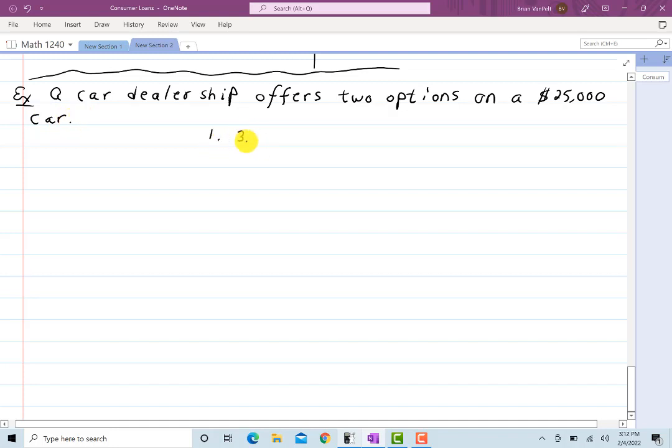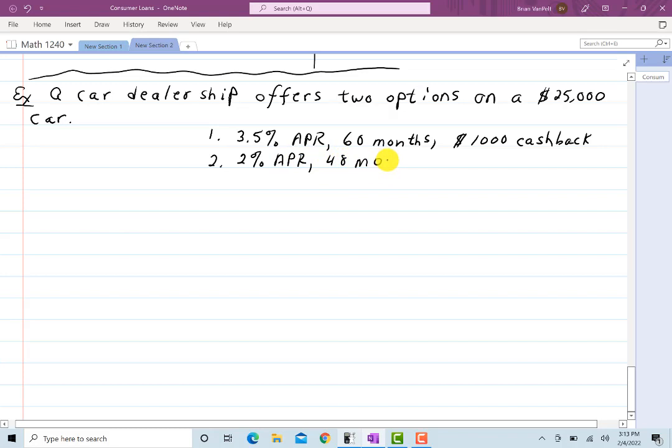The first option is 3.5% APR, 60 months, $1,000 cash back. The second option, 2% APR, 48 months. No cash back option on this one.